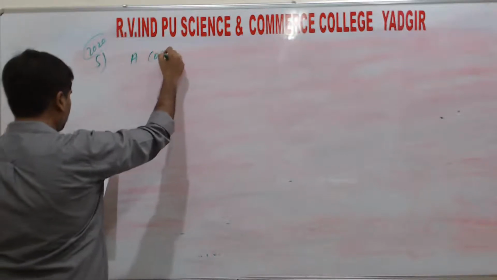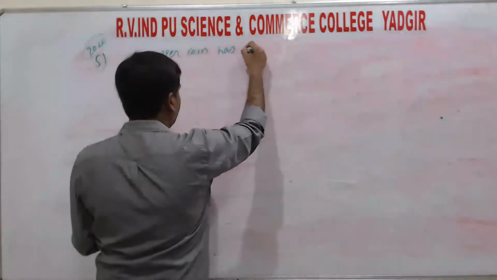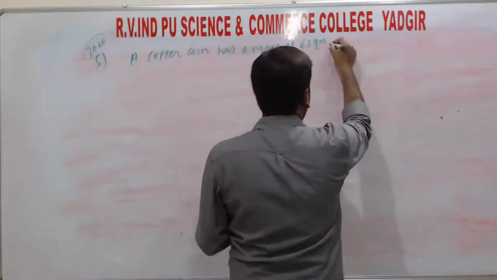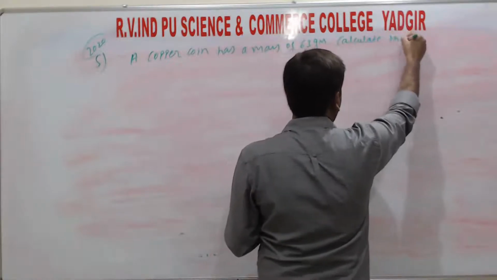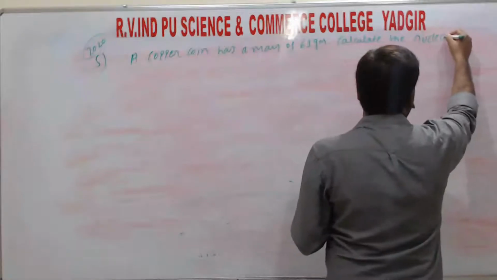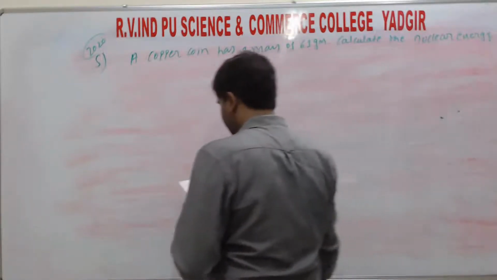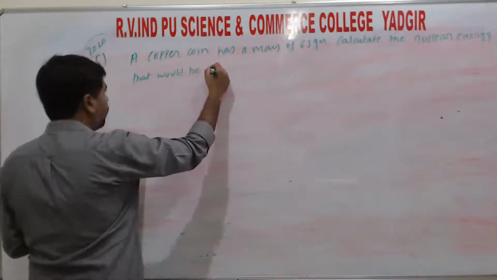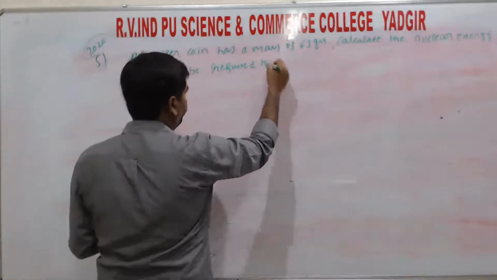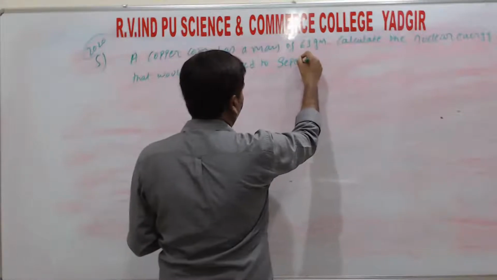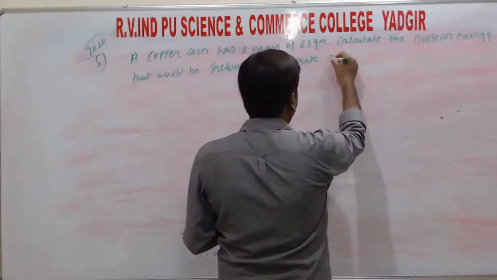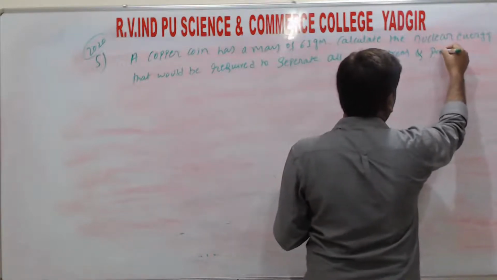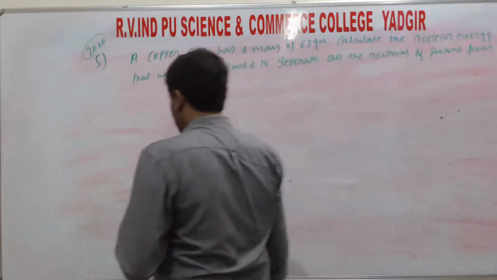A copper coin has a mass of 63 grams. Calculate the nuclear energy that would be required to separate all the neutrons and protons from each other.